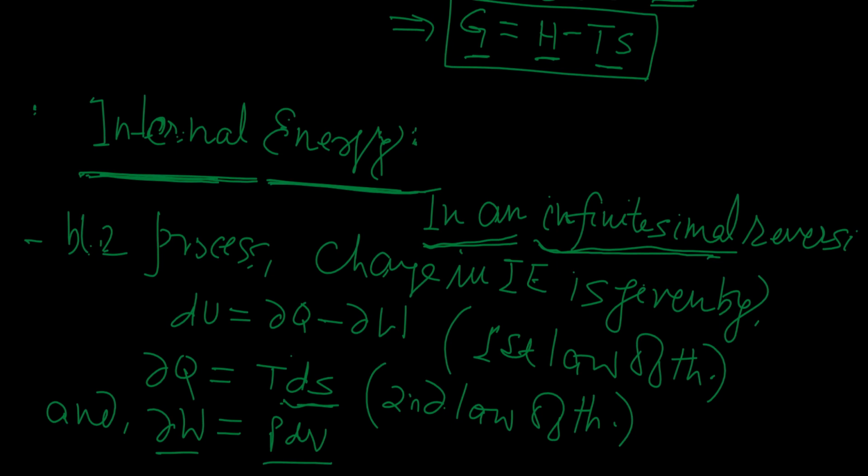Remember, we are considering an infinitesimal, very small reversible process. The change in internal energy is given by dU = δq − δw. What is this? In fact, this is the mathematical form of our first law of thermodynamics.